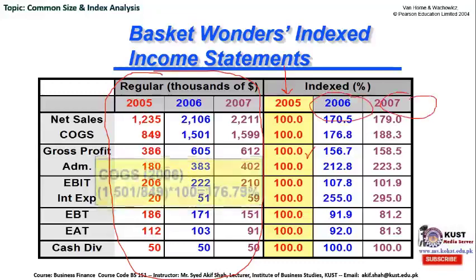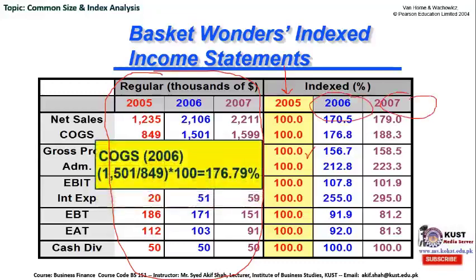Let's select one of the titles, and this time we have selected cost of goods sold for 2006. How to find the percentage, which is 176.8%? How did we calculate it?